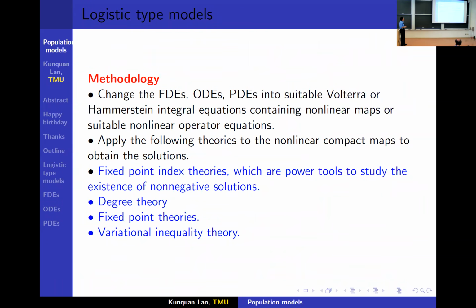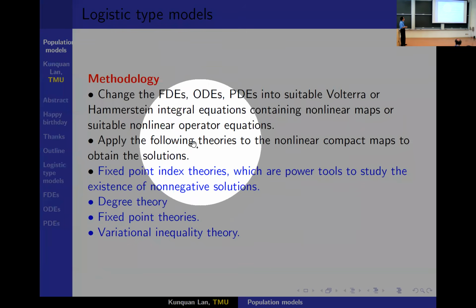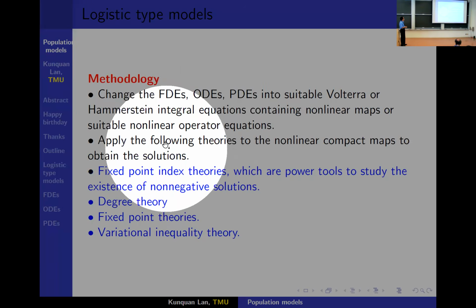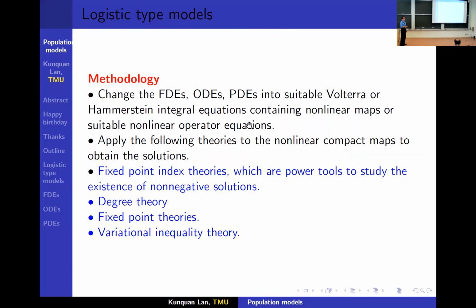The usual method is that we change the differential equation into a Volterra or Hammerstein equation or some kind of operator equation. Usually for a PDE, we use this one, because it is not difficult to find a Green's function in that case. For general operators, we can use theory here.